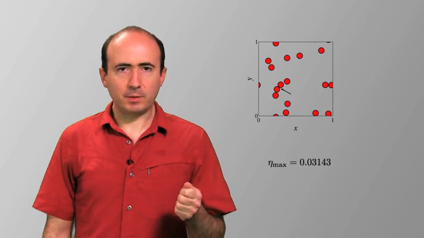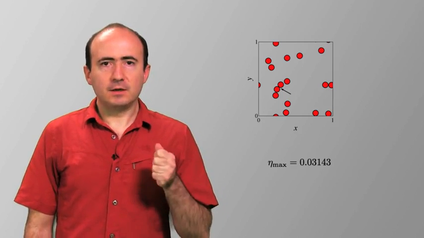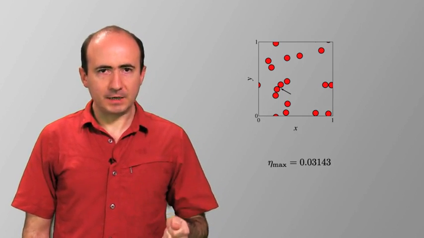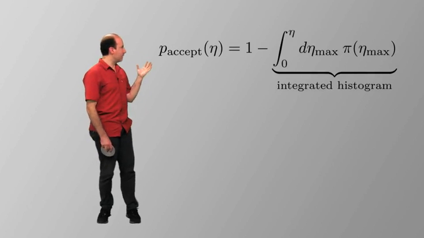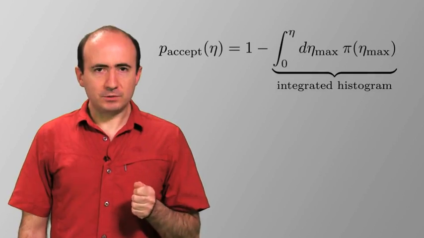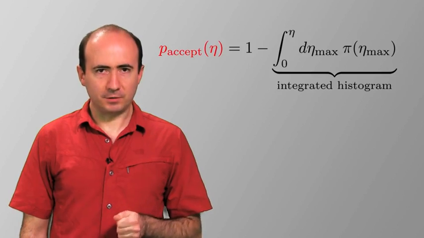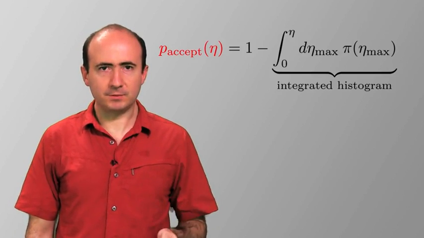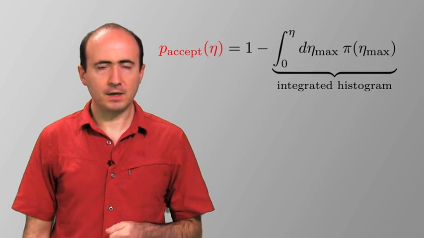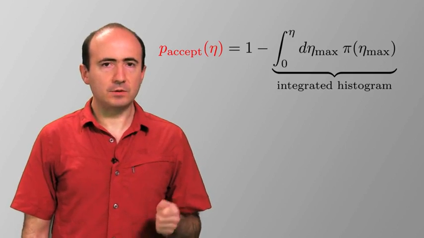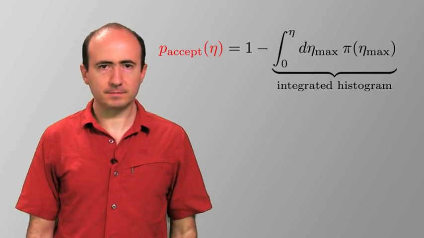You may consider the probability distribution pi of eta max associated to this maximal density, and from it, as displayed in this formula, you can reconstitute the probability distribution pi accept of eta of the acceptance ratio of the direct sampling algorithm. You can find this formula on the fact sheet associated to this class session.